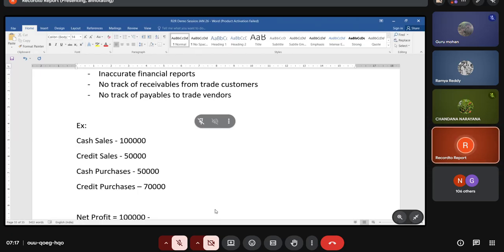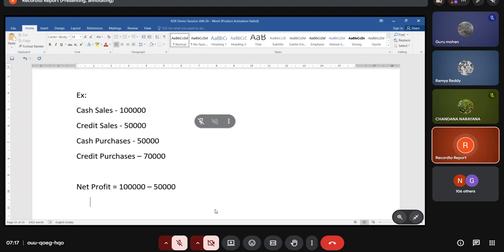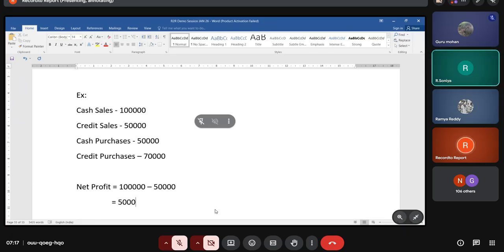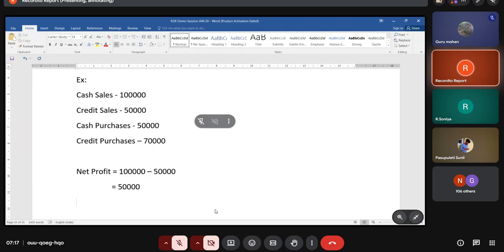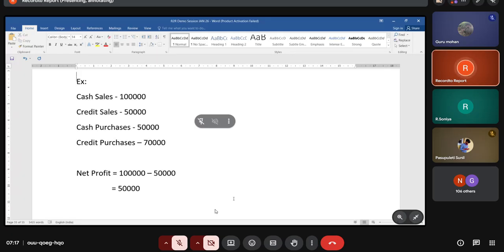The cash purchases are 50,000 and the cash sales are 1 lakh; 1 lakh minus 50,000, so the net profit arrived at for the company is 50,000. If it does not record the credit sales and credit purchases, what happens? Inaccurate financial reports.